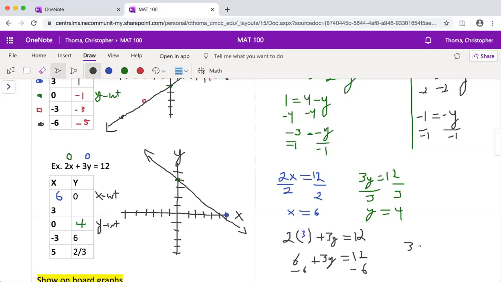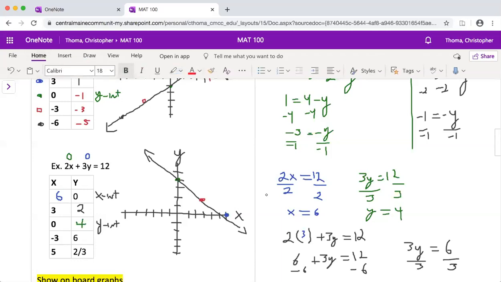I get 3y equals 6. Divide by 3. 6 divided by 3 is 2, so y is 2. So if I go over 3, 1, 2, 3, I go up 2. And I am on the line. Now I have all 3 points. So 2 points to graph a line, 3 points to make sure that your line is correct.